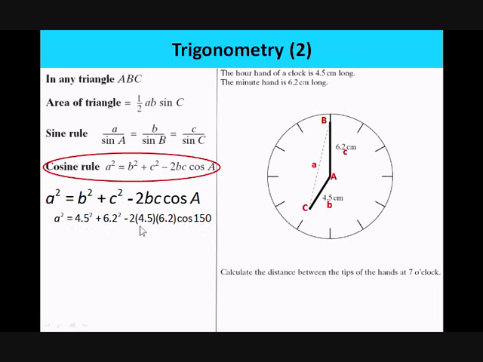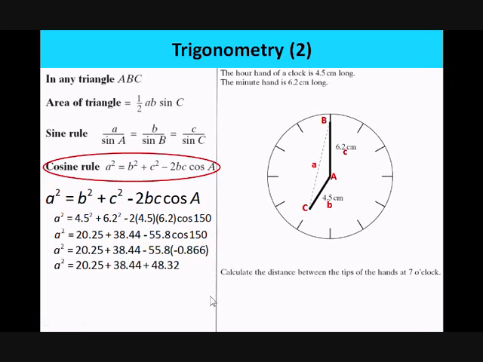So I've put everything I know into the formula, and then I can work all that out step by step. It comes to a squared equals 107.1, so a is the square root of 107.1, which is 10.34. So that side there is 10.34.